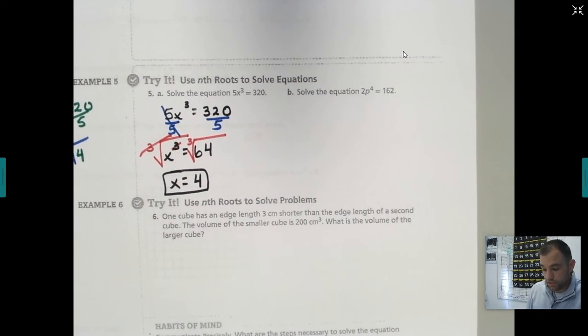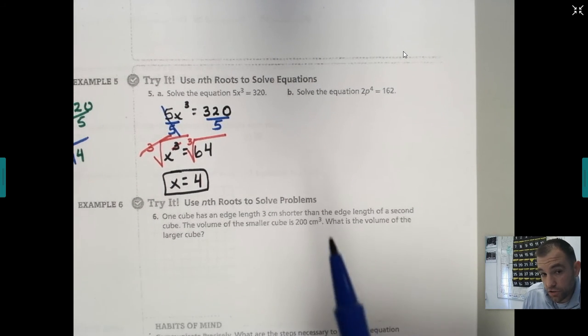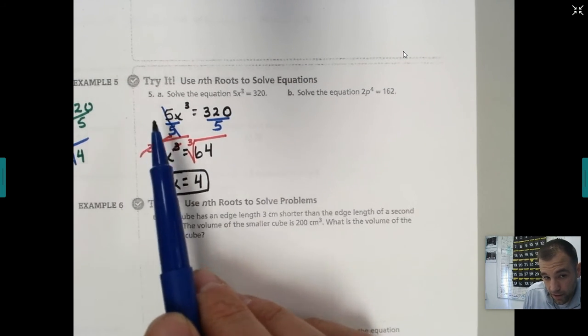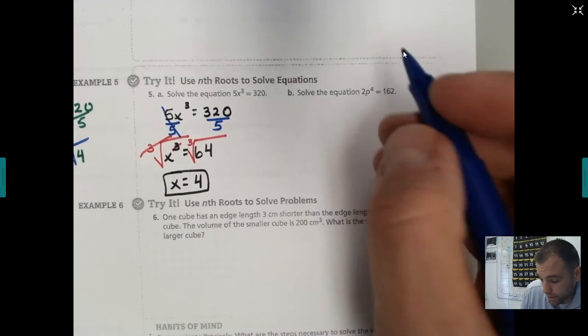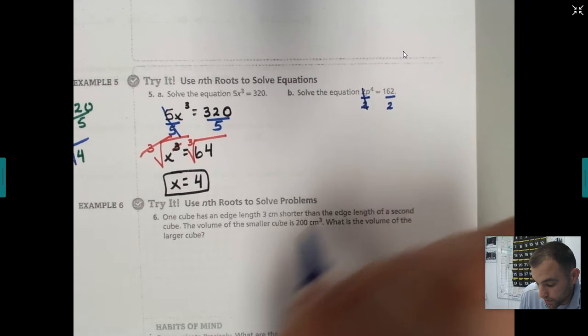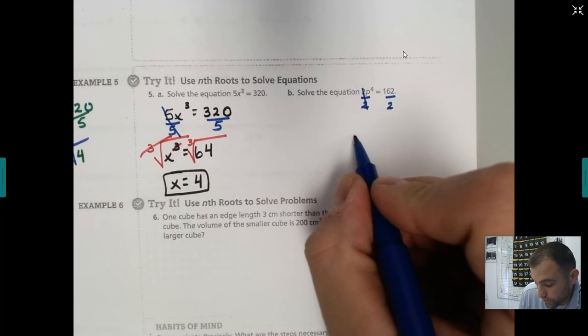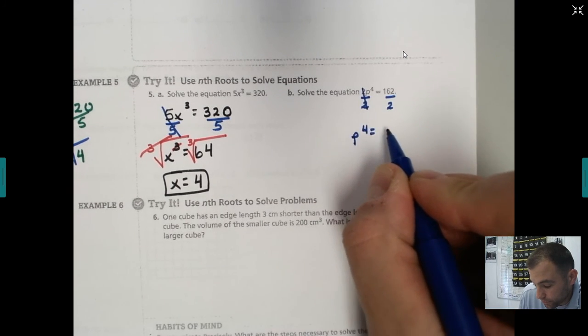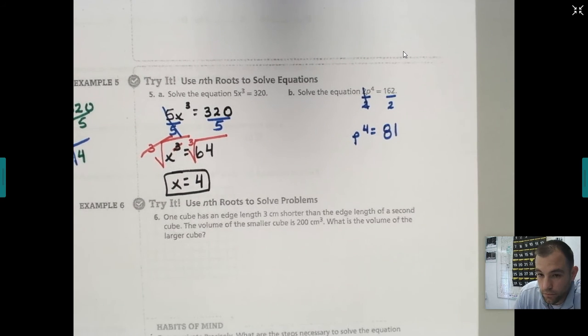So, solve this. 2p to the 4th equals 162. Just like over here, how I divided by 5 first, I'm going to do the same thing right here. But I'm going to divide by 2 first. So the 2's would cancel. So I'm left with p to the 4th equals 81.